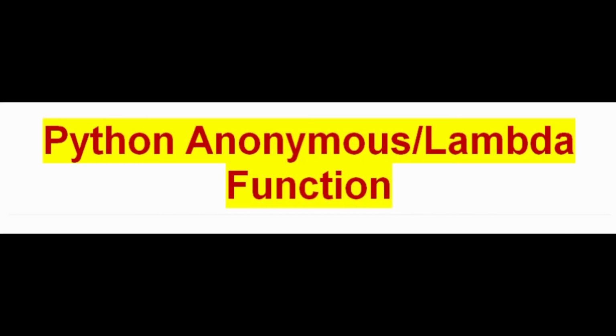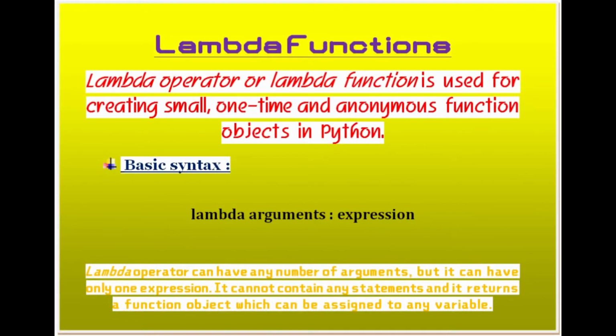In this video I will talk about lambda functions, which are also known as anonymous functions in Python. The lambda operator is used for creating small, one-time, anonymous function objects in Python.